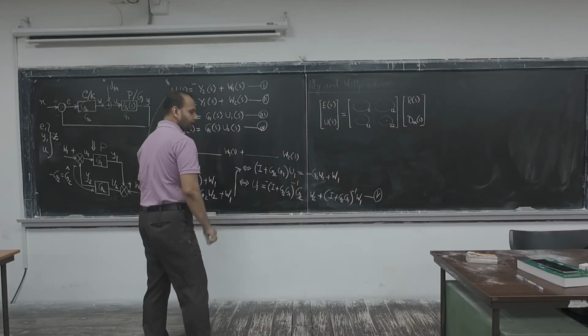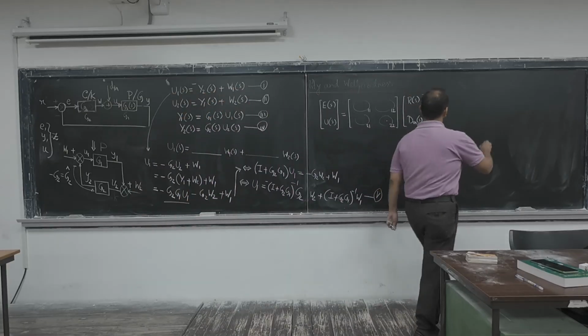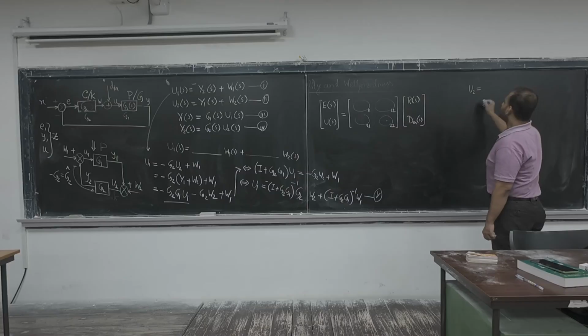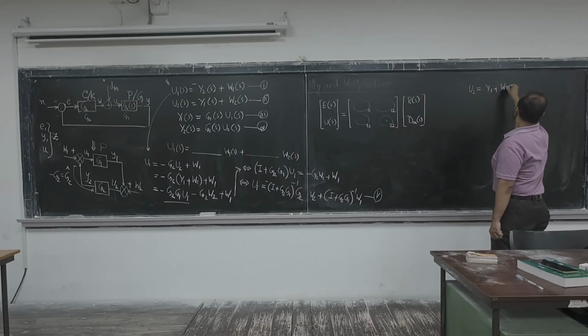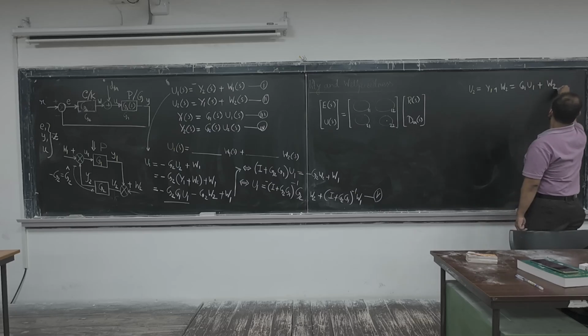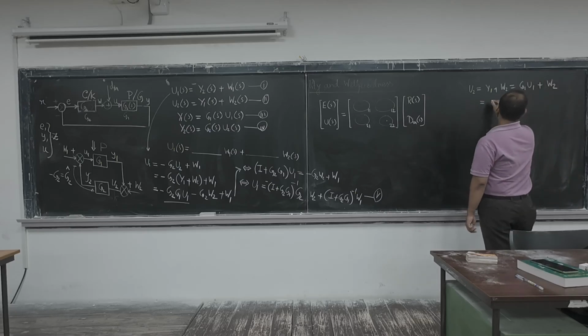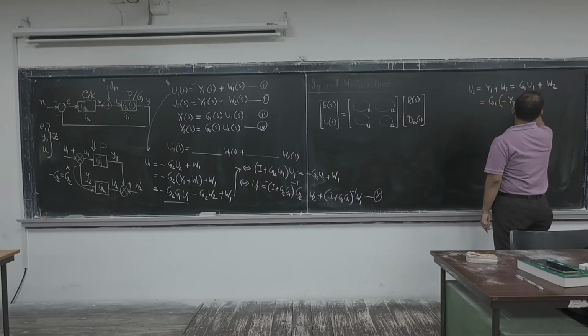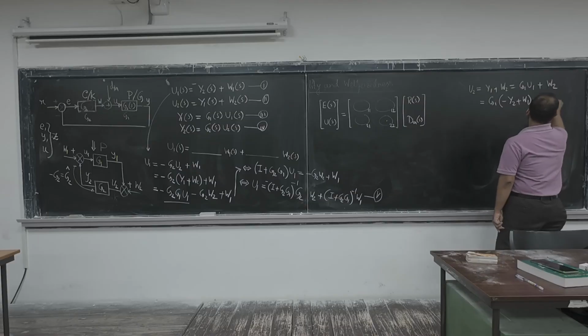And then how to find U2? U2 equals Y1 plus W2. That is G1 U1 plus W2 equals G1 into, again my U1 means minus Y2 plus W1.